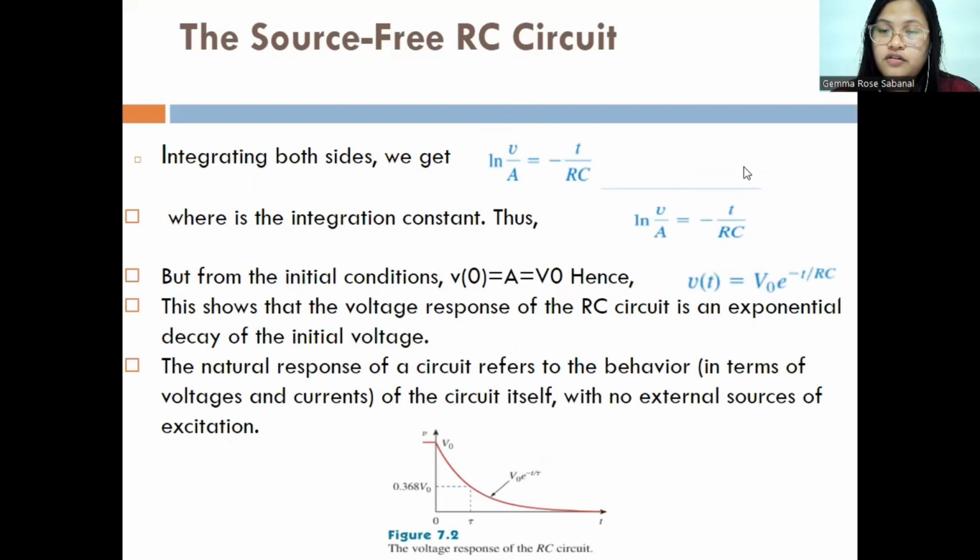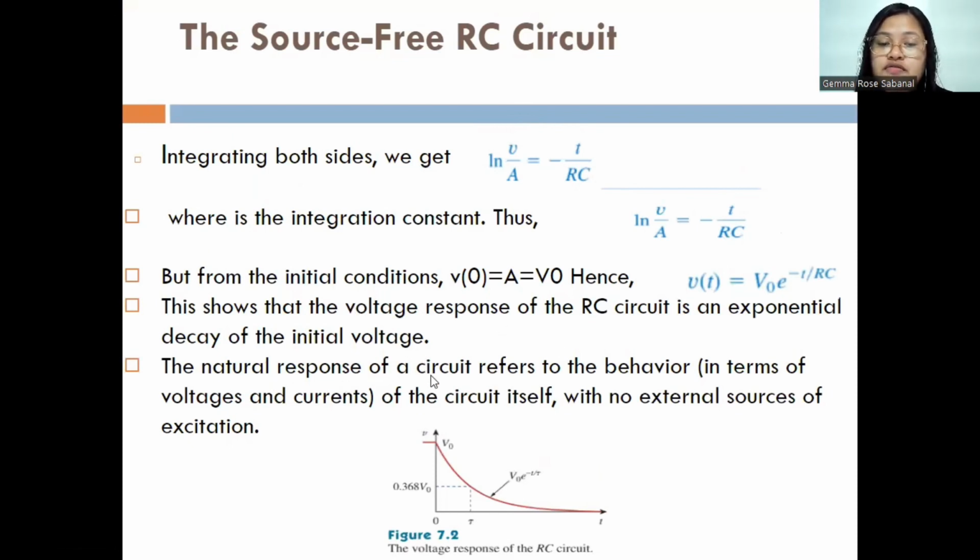But from the initial condition, v(0) is equal to A is equal to V0, hence this equation will be given. This shows that the voltage response of the RC circuit is an exponential decay of the initial voltage.